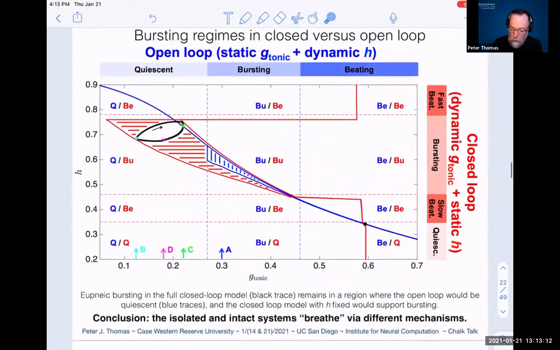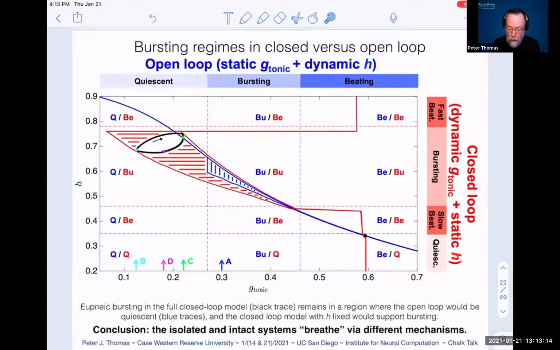okay, so here's what we actually find. This black loop here is the closed loop eupneic breathing cycle plotted in terms of G tonic and H. And it's not in this region. It's actually in this region where if you just fixed G tonic to a value in this region, you would be quiescent.